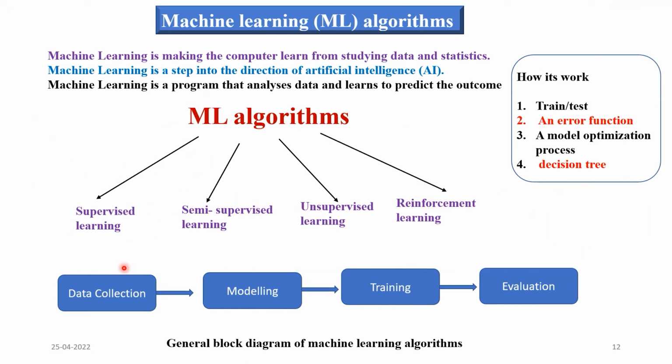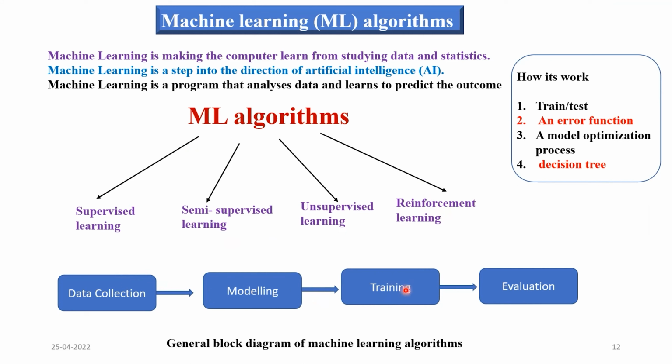So what is exactly done with this machine learning algorithm is first data collection, then we make a model. After that, once the model is ready, we train the system, and once we train the system with the known labels, we can go for the unknown labels.